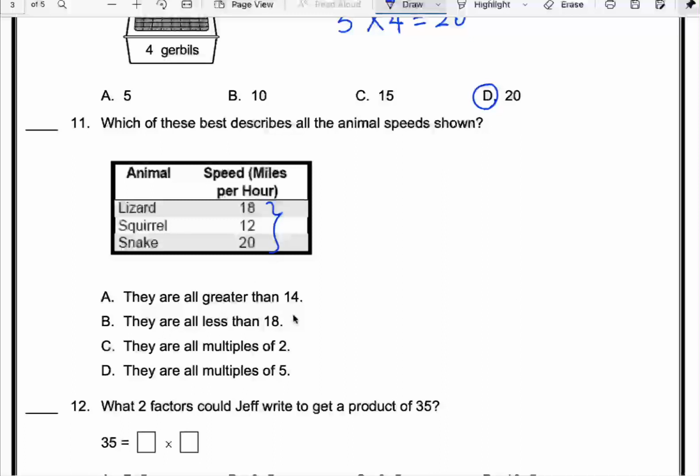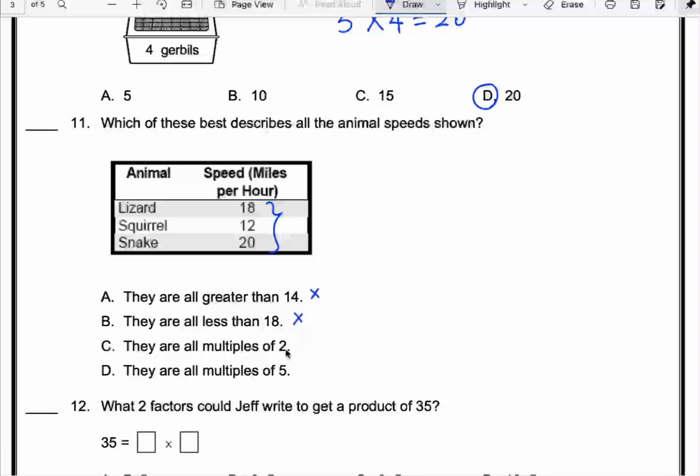They are all greater than 14, yes or no? Is it 12? Okay, so 12 is less than 14. They are all less than 18? No, there is one that is 18 and also one more than 18, which is 20. So this one also is wrong. Okay, so these two are wrong.